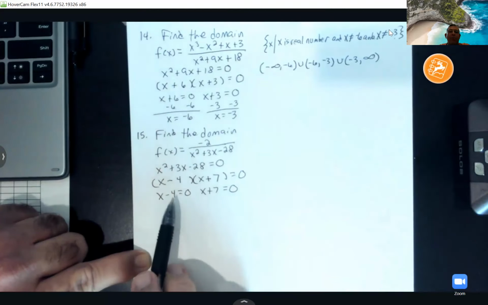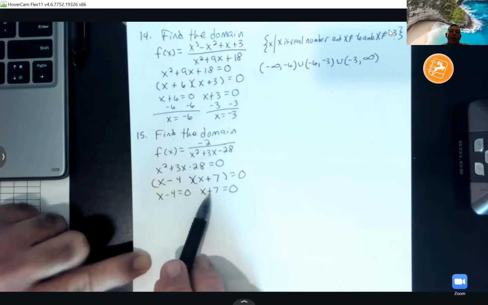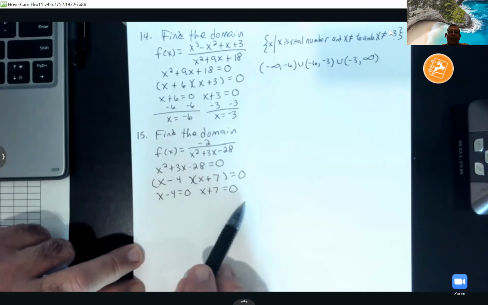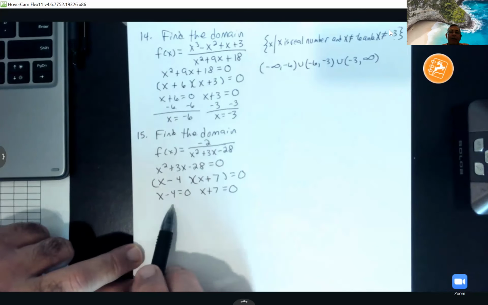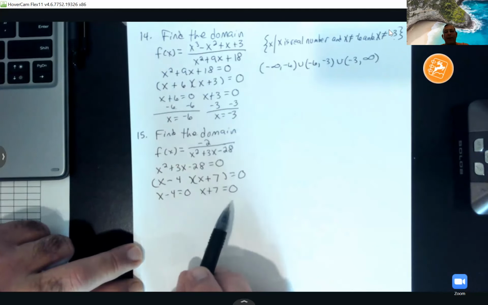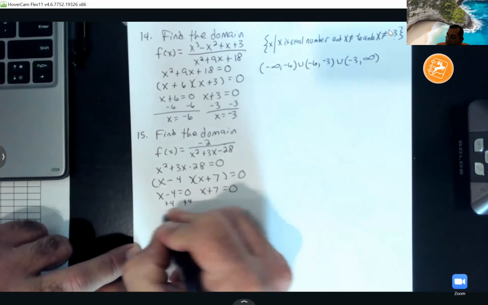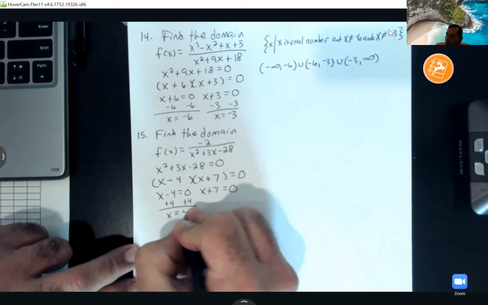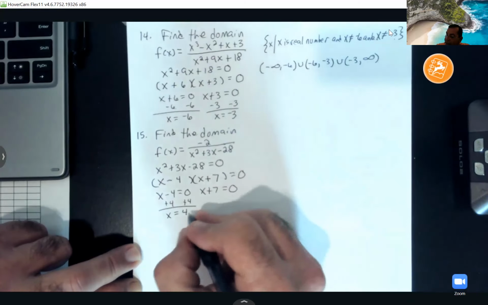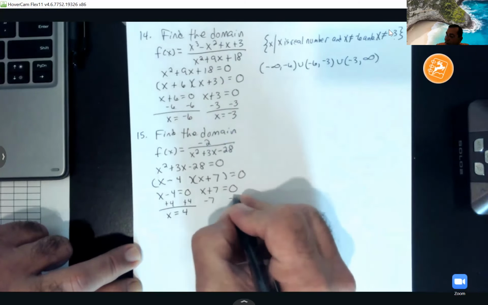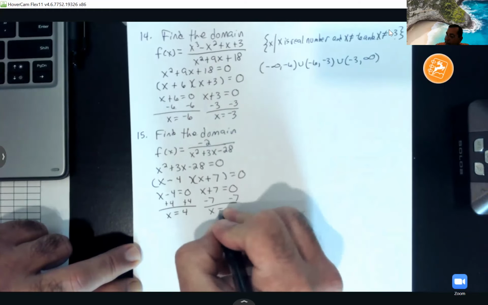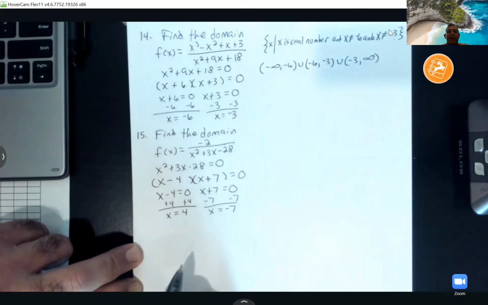When we're setting all these factors to 0, all we're doing is changing those signs from a negative to a positive, and from a positive to a negative. We'll get x equals positive 4, and then x equals -7.